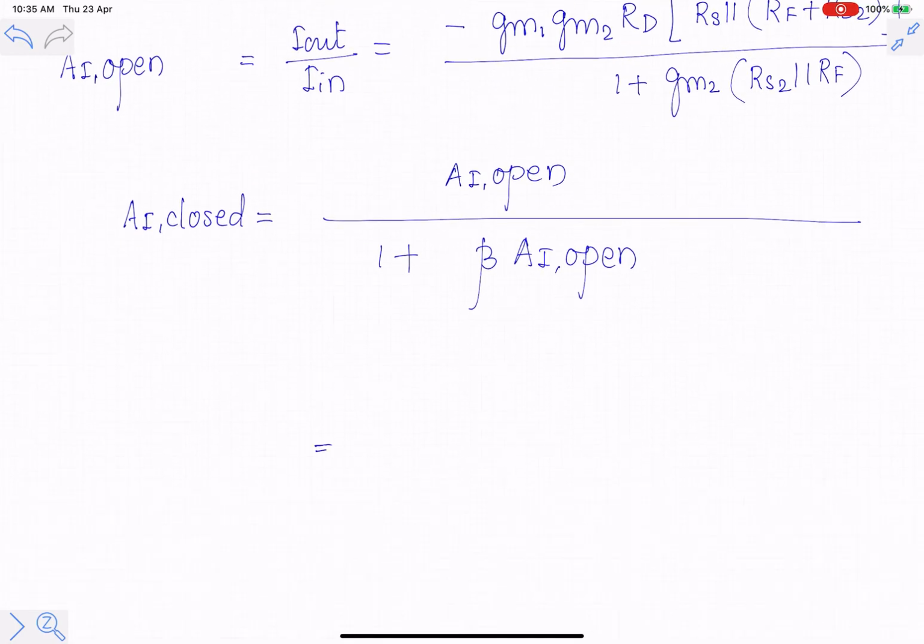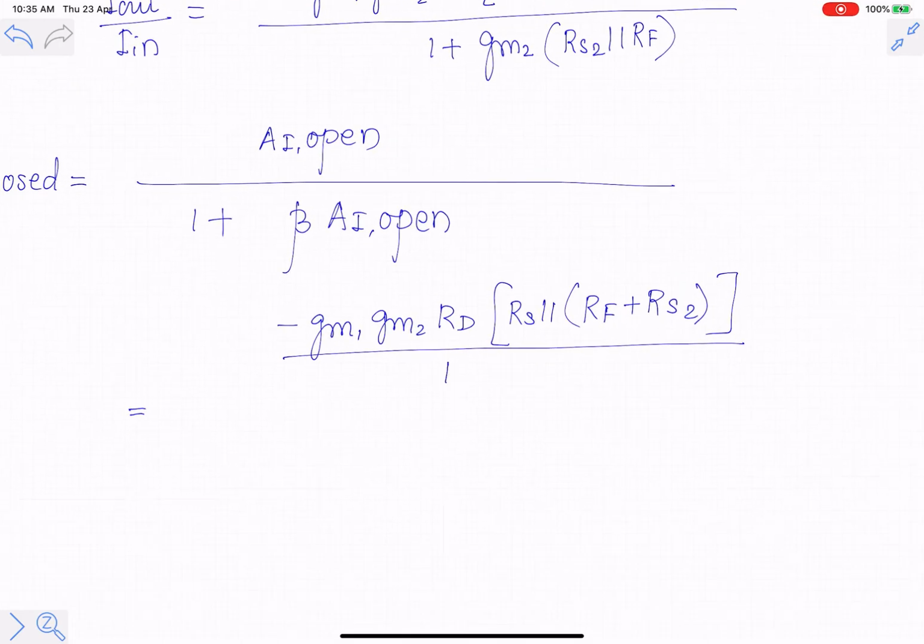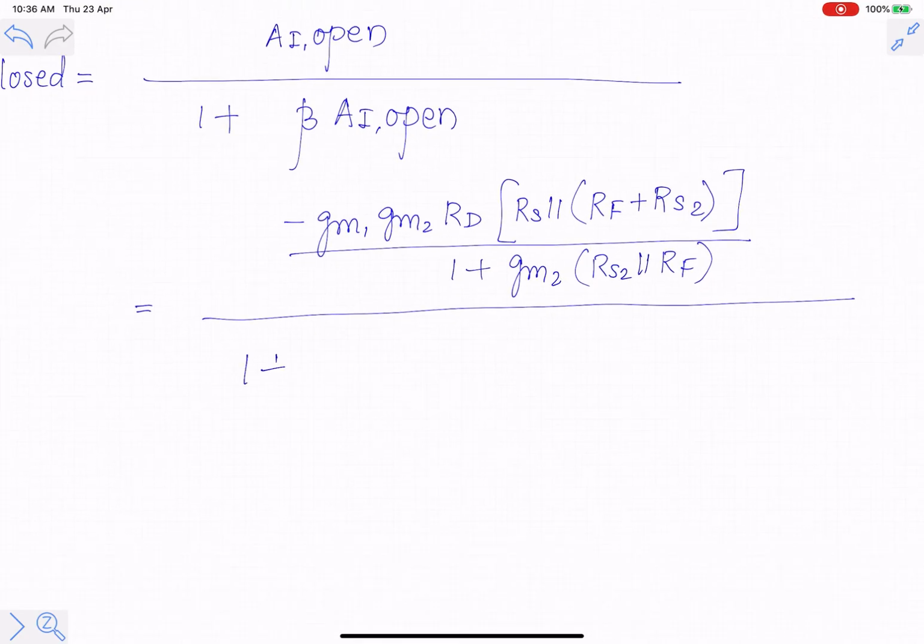So we can write it as minus GM1 GM2 RD into RS parallel RF plus RS2, divided by 1 plus GM2 into RS2 parallel RF, whole divided by 1 plus beta.